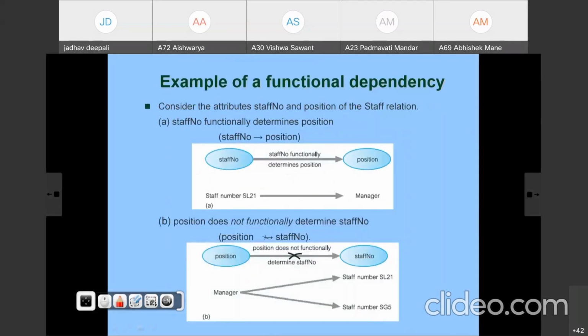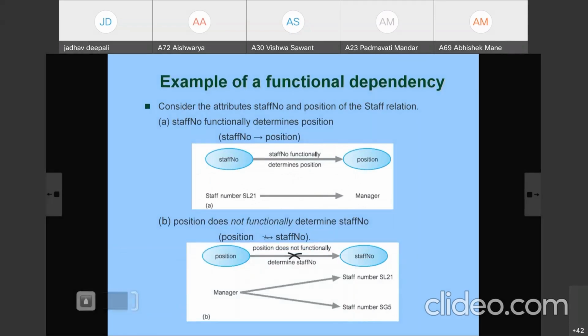That is shown here. So consider the attributes staff number and position. Staff number functionally determines position, or position depends upon the staff number. So the staff number SL21, what is his position? Manager.